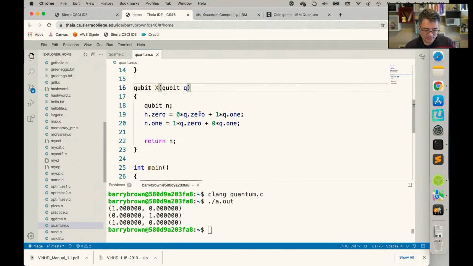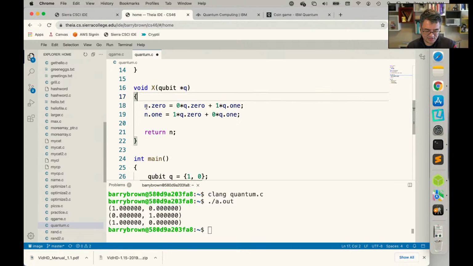So we could fix this by not passing in a copy of a qubit, but getting a qubit pointer. And then we can modify the qubit itself. So in this case, X is going to be a void operation. It's not going to return anything. It's just going to modify the qubit we were passed in. So we don't have to create a new one.